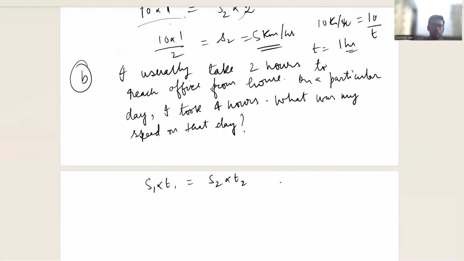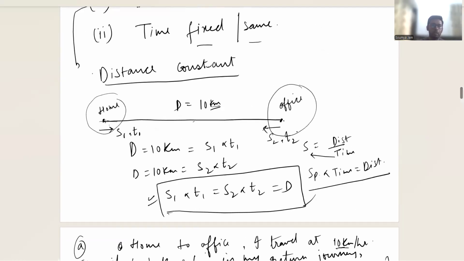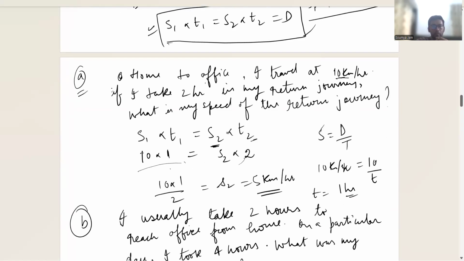See, I'll take you to the diagram. So every day when I travel, I usually cover this whole distance from home to office in 2 hours. But on a particular day, I observed that I took 4 hours. You can easily find it out. Anyways, this question is very obvious.